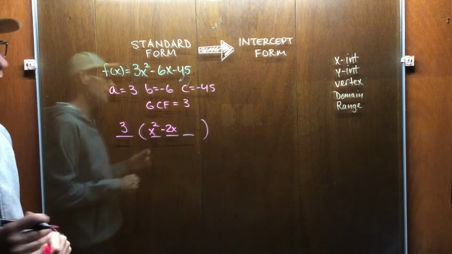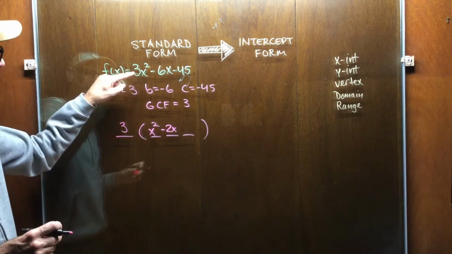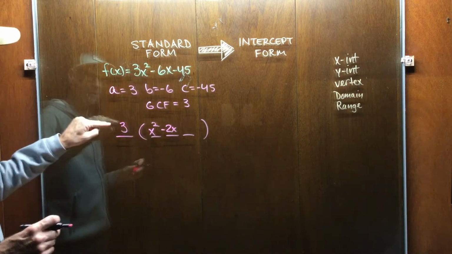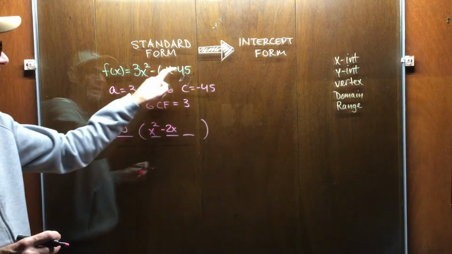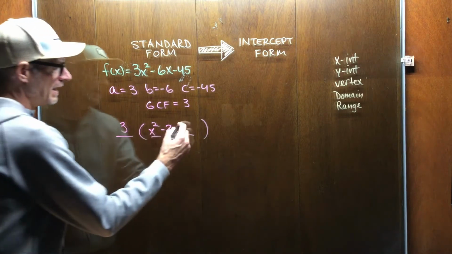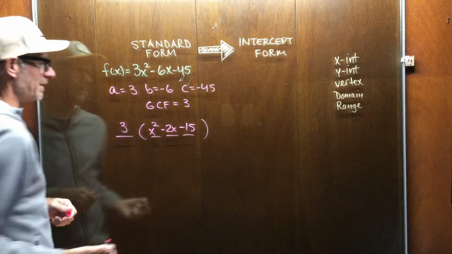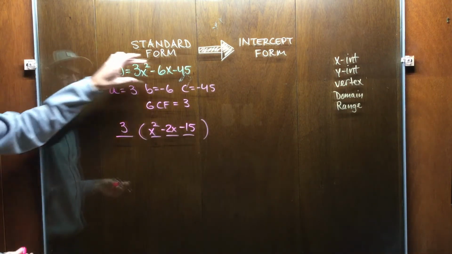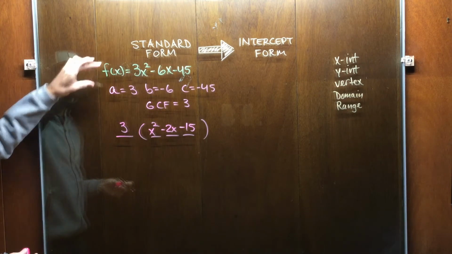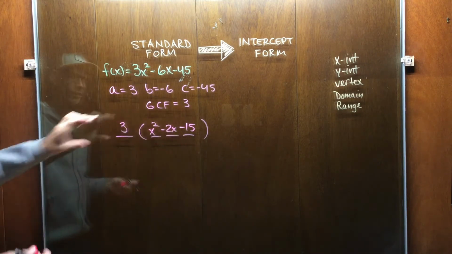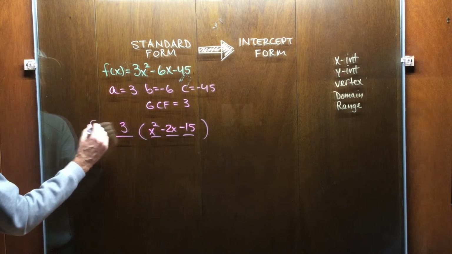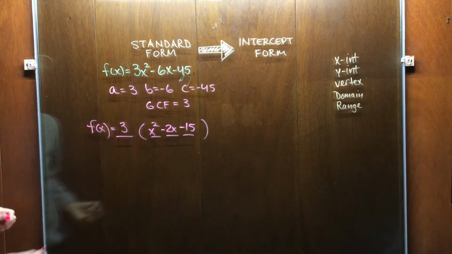If you're not sure about this one, remember you can always just divide every term of the trinomial by the greatest common factor. So negative 45 divided by 3 is negative 15. So if this is our problem so far in standard form, we're making progress towards turning it into factored form. So it would now look like this.